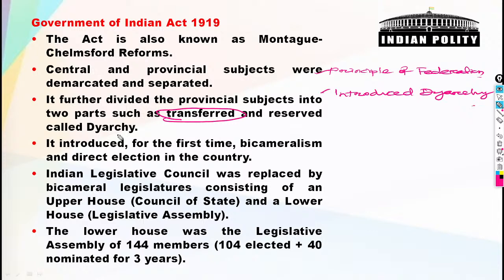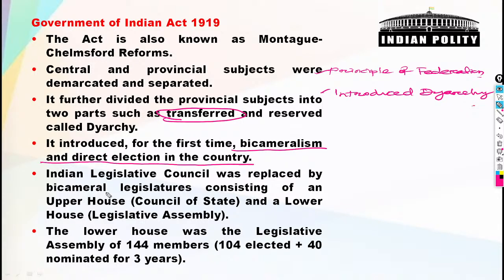With regard to the reserved powers, he made his own decisions on the basis of the recommendation of his own executive council. Another thing it introduced was bicameralism and direct election in the country.